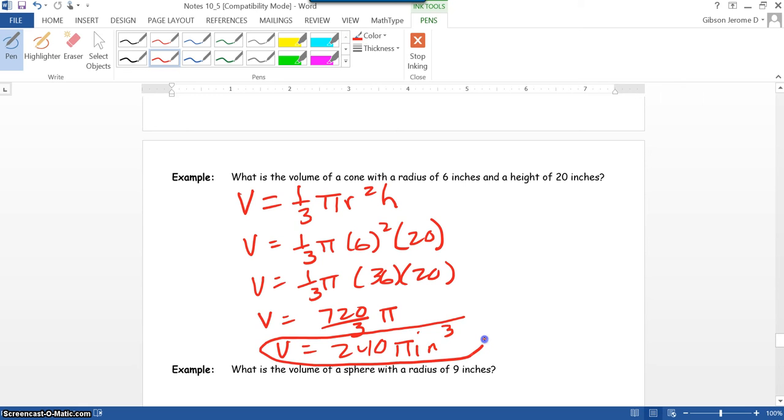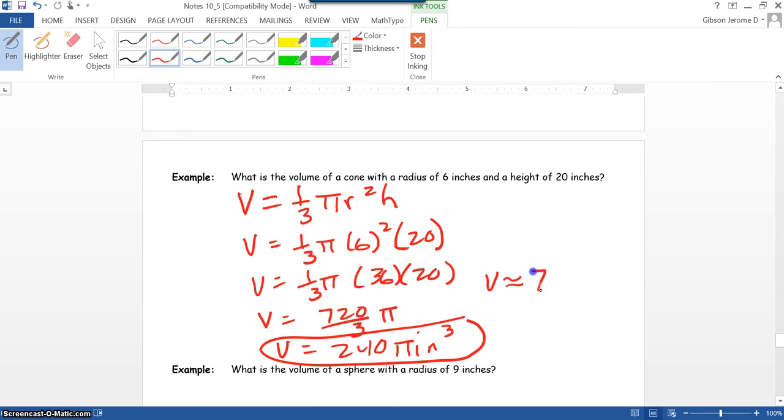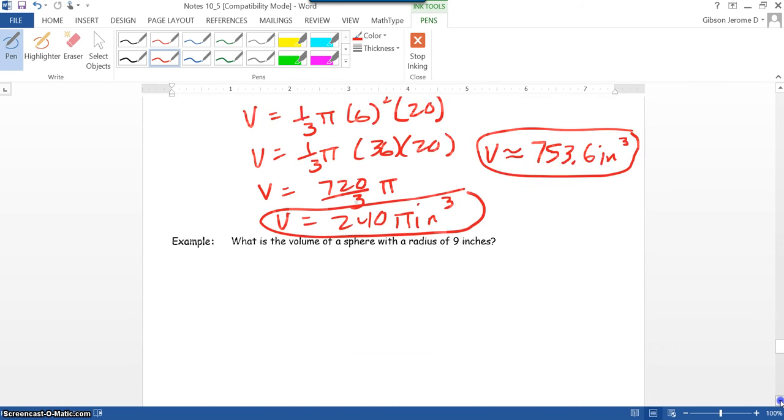Now this is the exact answer. Now to get the approximate answer, we will take our calculator and take 240 times 3.14, and that will give us 753.6, and it'd be cubic inches. So that's the exact, that's the approximate.